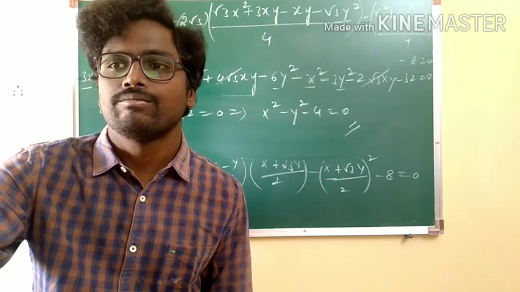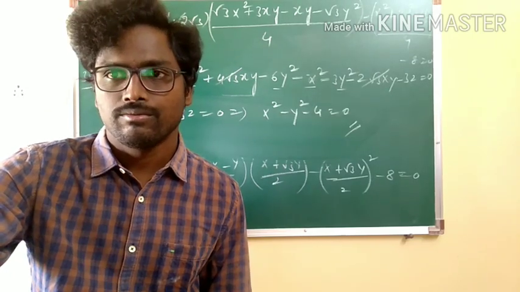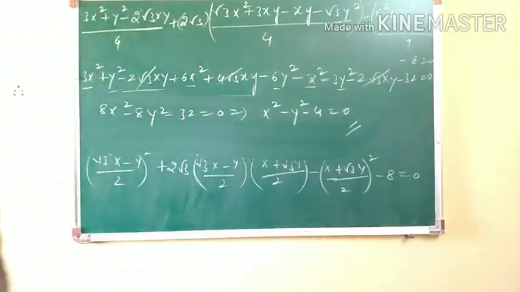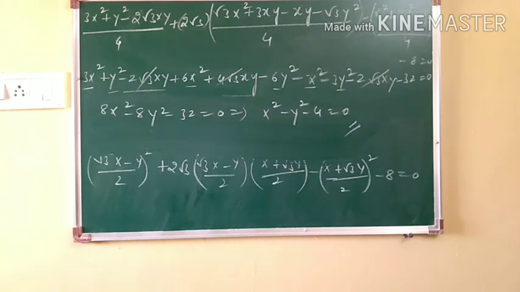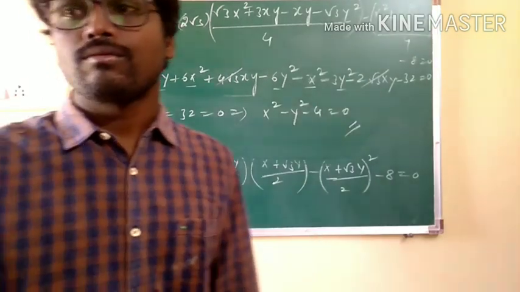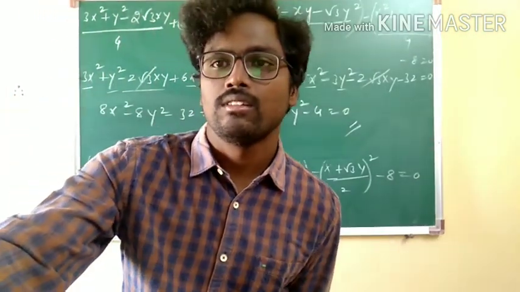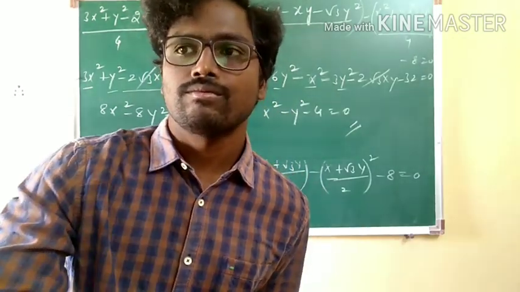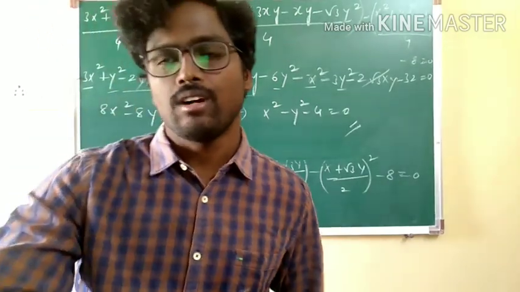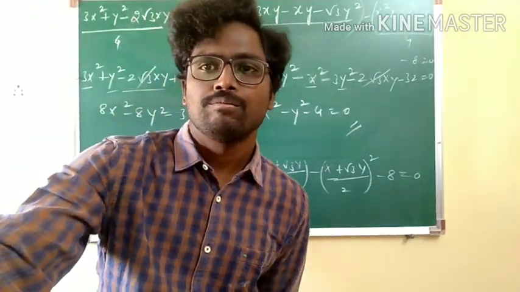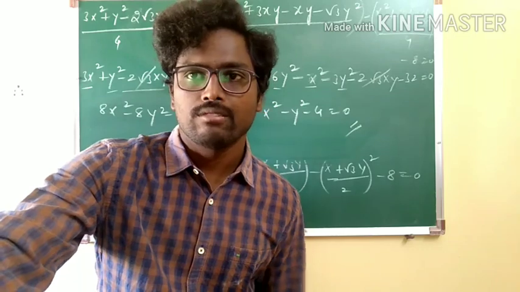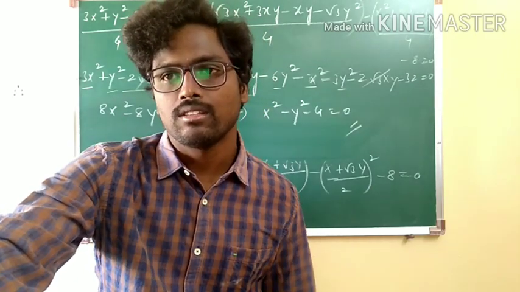If the axes are rotated through an angle 180 degrees, then find the transformed equation of 2x minus 3y plus 4 equal to 0, small letters. 2x minus 3y plus 4 equal to 0. Think logically here.